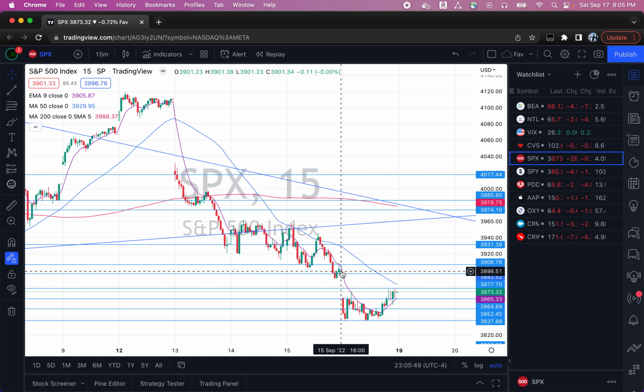But what would happen is the market would gap down here and it will retrace. And then people just sell it off because, oh man, the market is going to go up again. No, it's not going to go up. It's just filling the gap and it will just go down again.